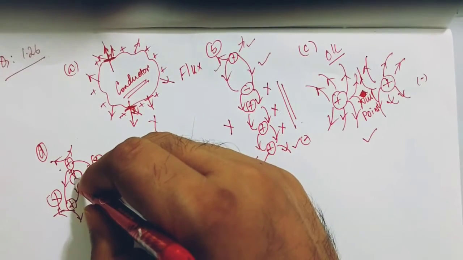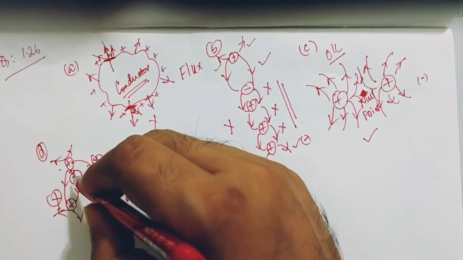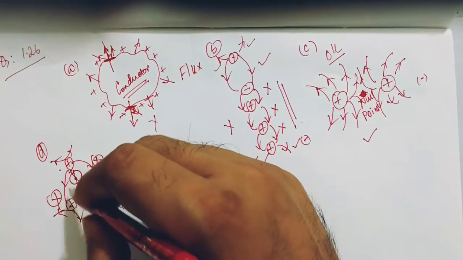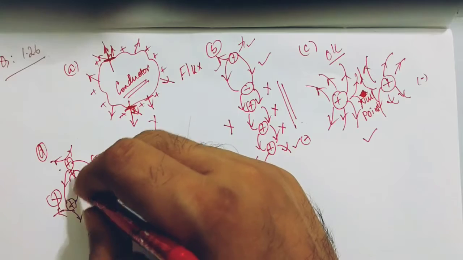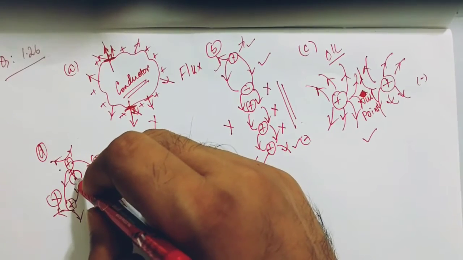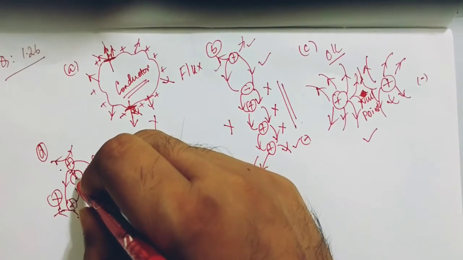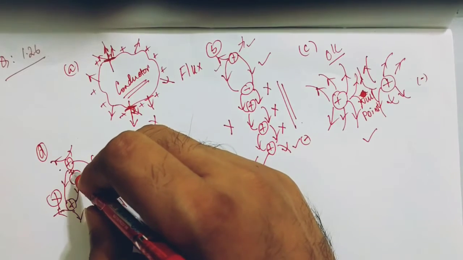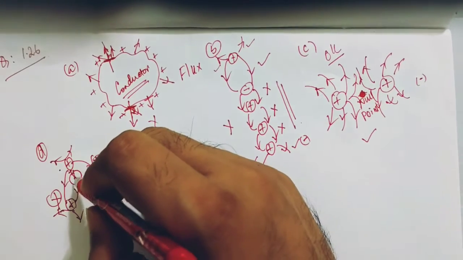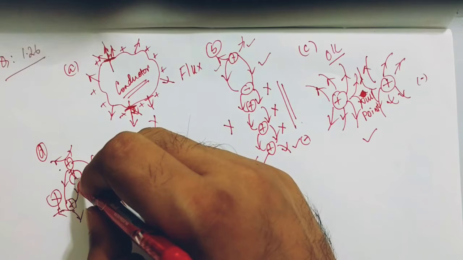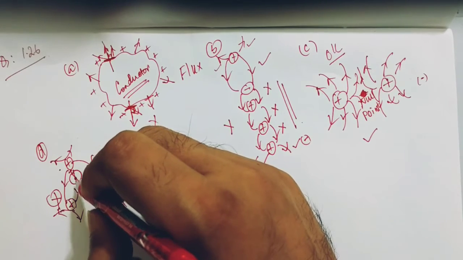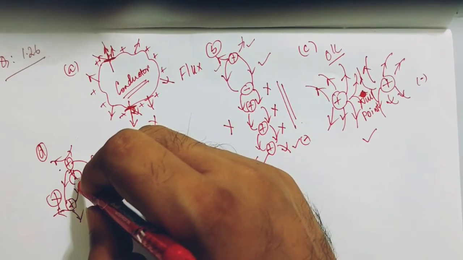The interaction between two charges gives a resultant force. Suppose you put a test charge, then the total force acting on it by these and these will give some resultant. So the vector direction will be the same.